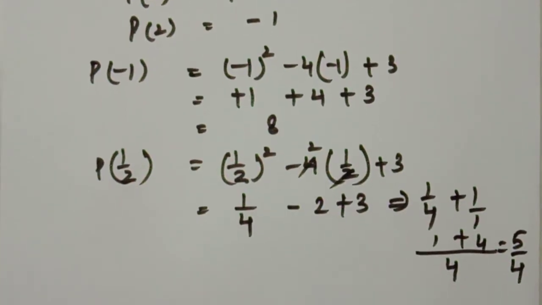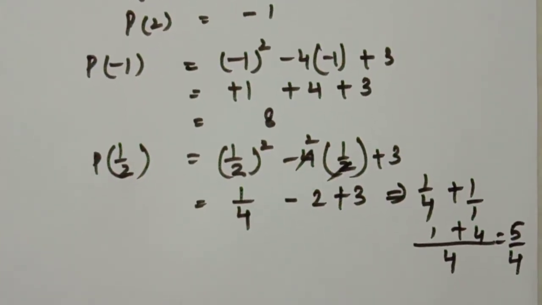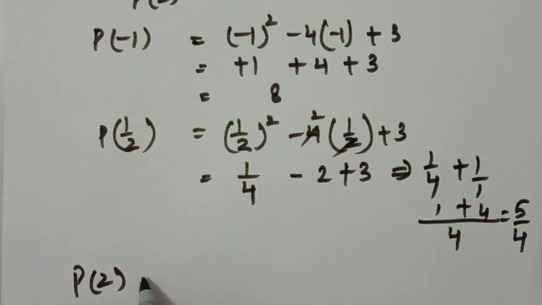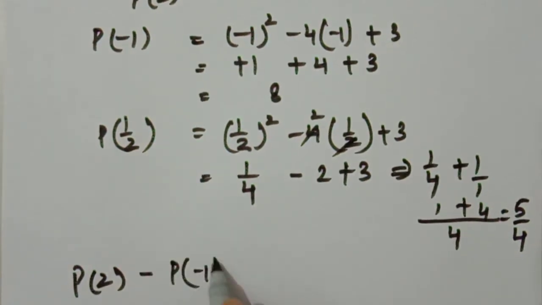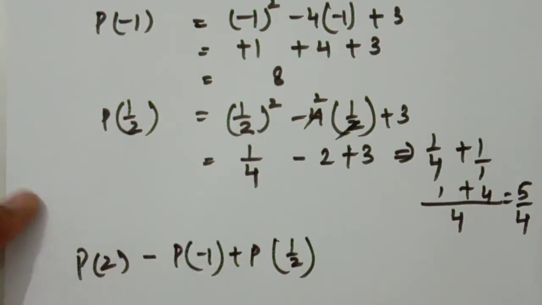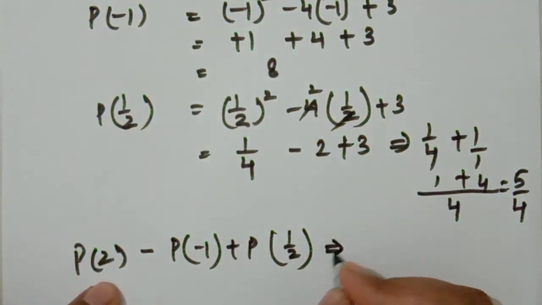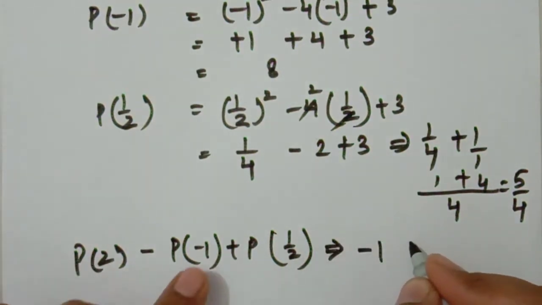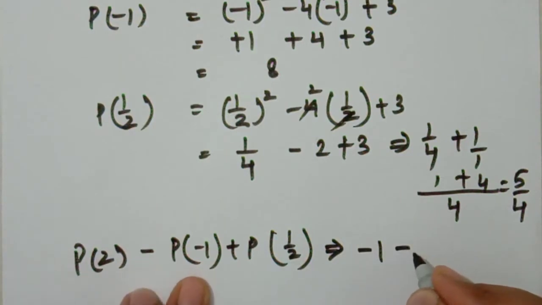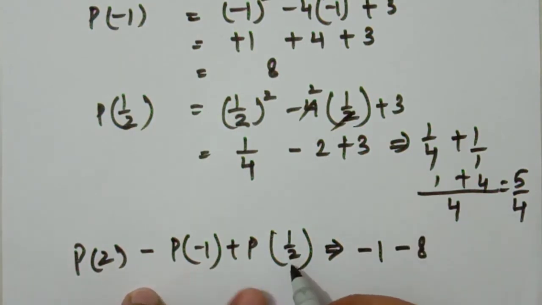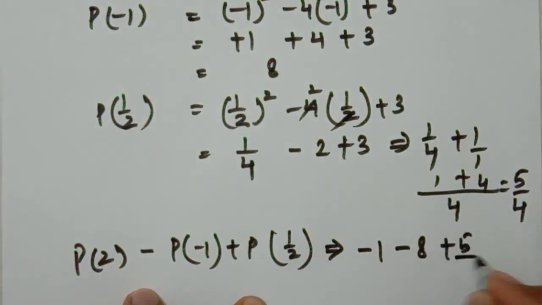So students, now we have all three values with us. We will put them in our given relation: p(2) minus p(-1) plus p(1/2). So we will put the values here. p(2) is minus 1, p(-1) is 8 and we have a minus sign here, and p(1/2) is 5 upon 4.